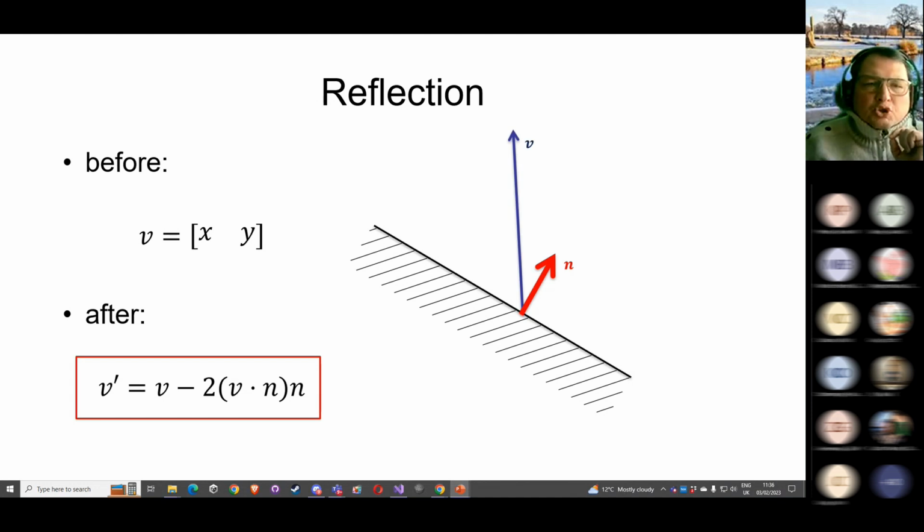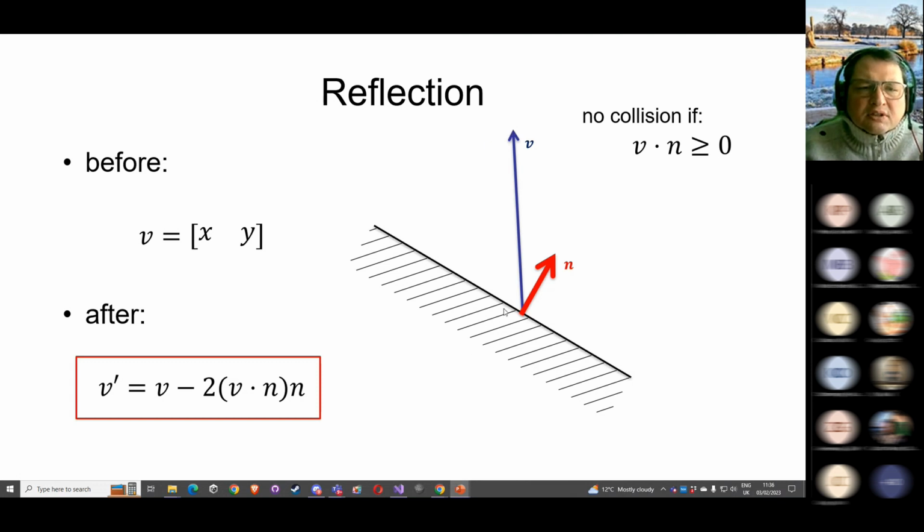So we definitely want to avoid using this formula in a situation like this, with the velocity already pointing away from the obstacle. We have to remember that there is no collision if v dot n is greater or equal to 0.